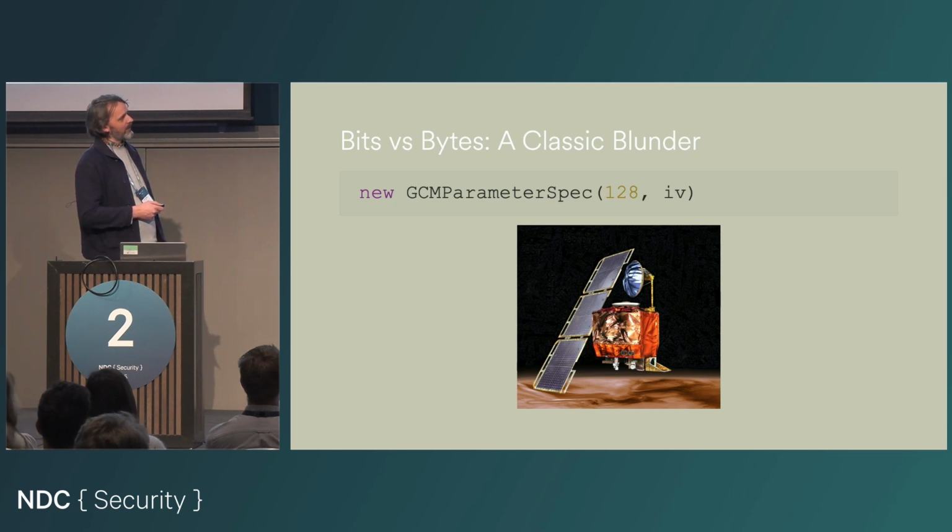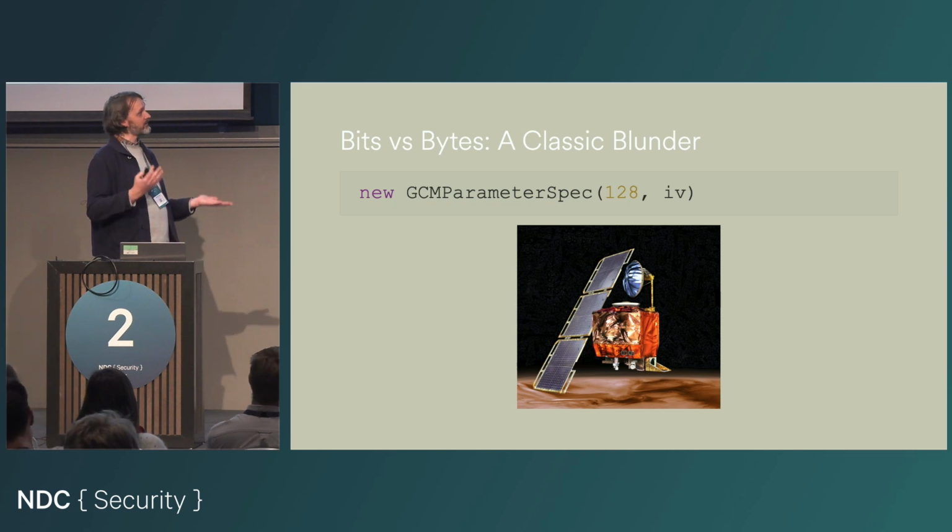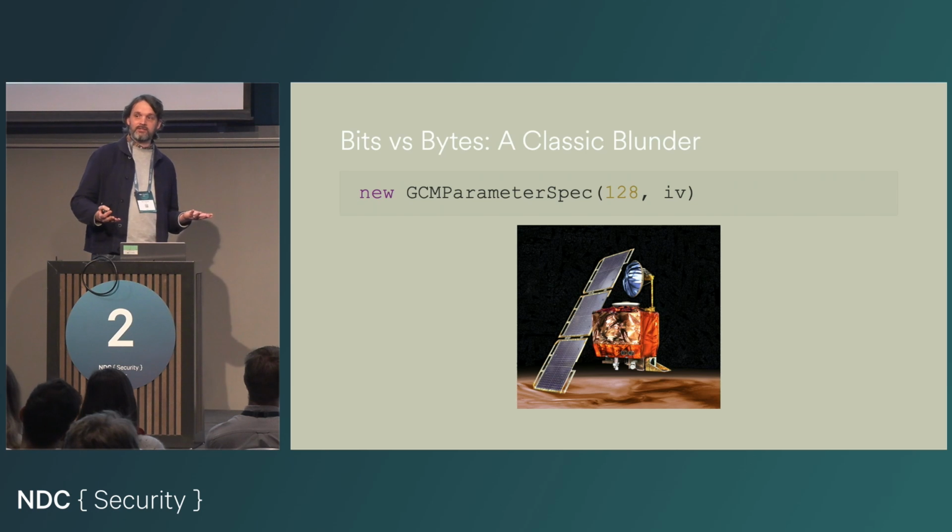So that parameter there is 128 bits, and it's the length of the authentication tag. If you mistake that for bytes and put in 16 there, you'll get a 16-bit authentication tag, which can be instantly brute forced. So this happened; Bouncy Castle had a bug with this. It's happened in loads of different crypto libraries. So Bouncy Castle had a bug where they mixed up bits and bytes in an interface and generated 16-bit keys for encryption.